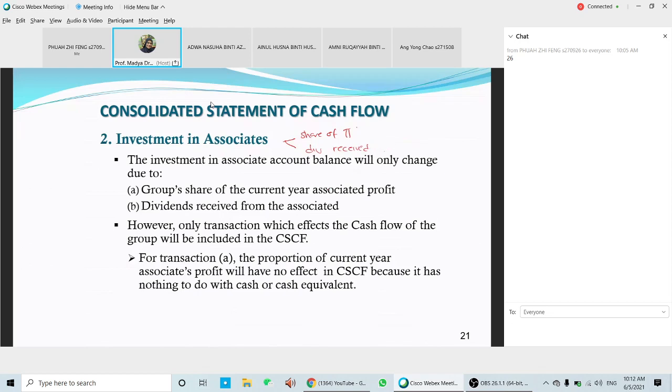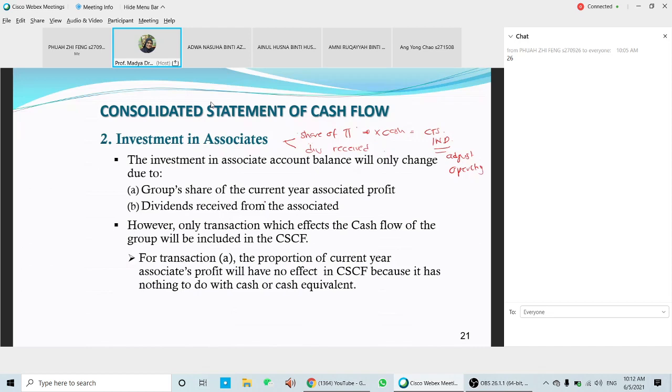The first item, share of profit, is a non-cash item, so it does not bother the cash flow statement. But it depends. If you are using the indirect method, you need to make an adjustment to your operating activity profit.